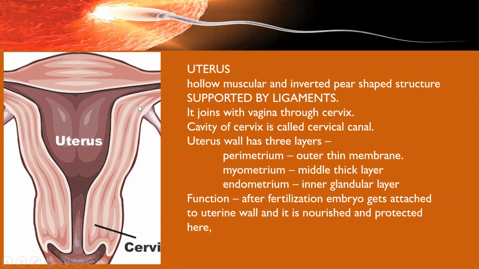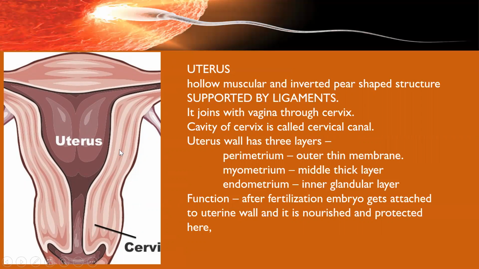The uterus wall is made up of 3 layers. The outer layer is called the perimetrium. This perimetrium is made up of epithelium. The middle one is the very strong muscular layer, called the myometrium. The myometrium is quite thick, you can see.